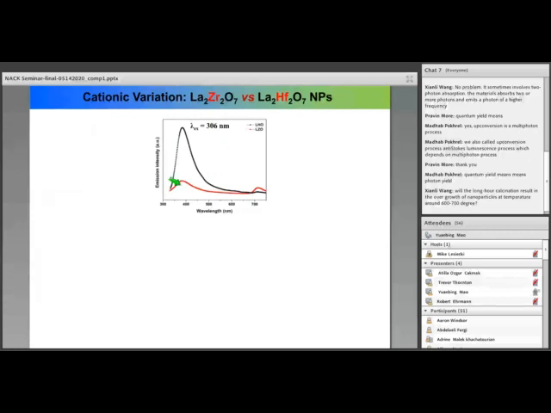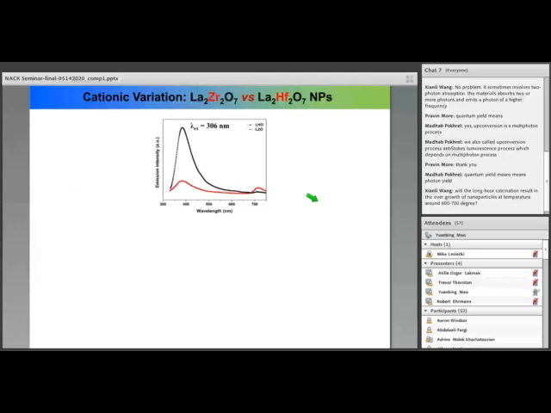For the nano silicon zirconate, we get one peak here and another peak here. But for the nano silicon hafnium, we get a single peak here, right? Of course, this is in this range only, right? We may get other peaks if it's a much broader range.